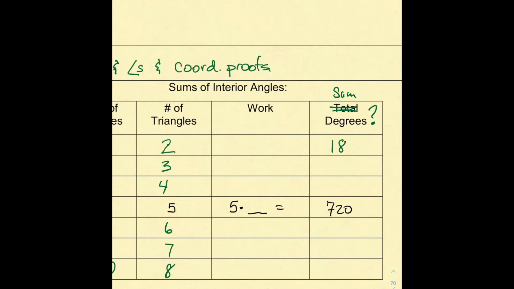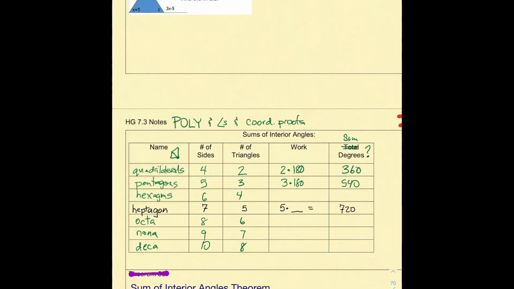Well, for a triangle, you know it's 180. Sorry, for a quadrilateral, you may or may not know, but for a triangle, you know it is 180. So 2 times 180 is 360. So 3 times 180 is 540. So we can find all of these.